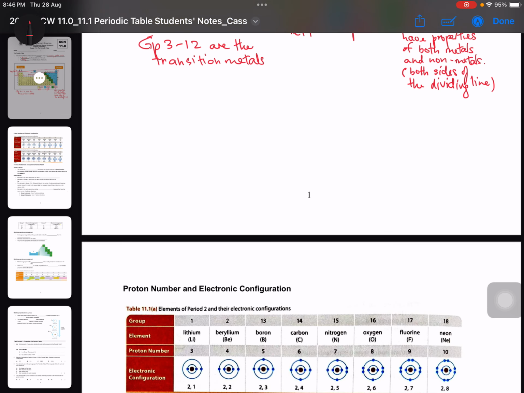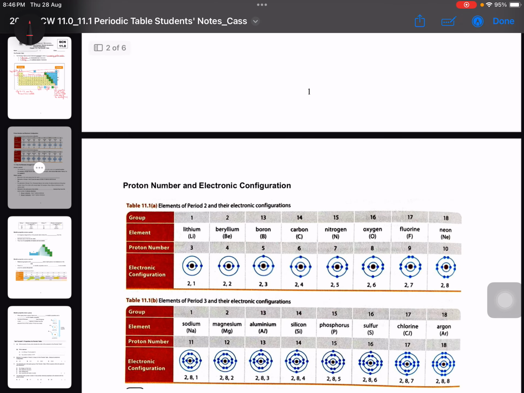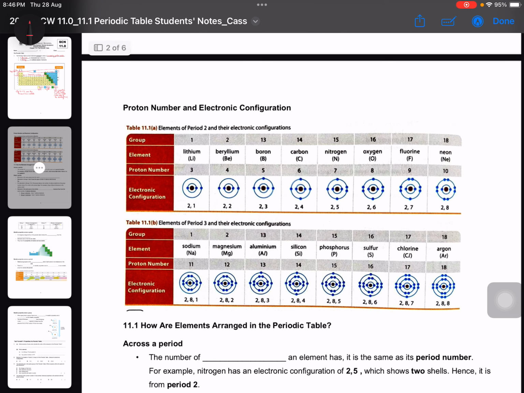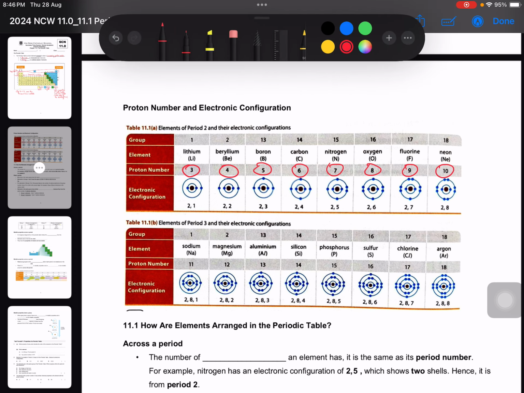Okay, next one. Now, we need to look more into detail about their electronic configuration. What do you mean by electronic configuration? So in case you've forgotten, the proton number of lithium is 3, beryllium is 4, boron is 5, etc. And this proton number will tell us the electron structure, the electronic configuration. So 3 will become 2,1; 2,2; 2,3; 2,4; and so on until 2,8.